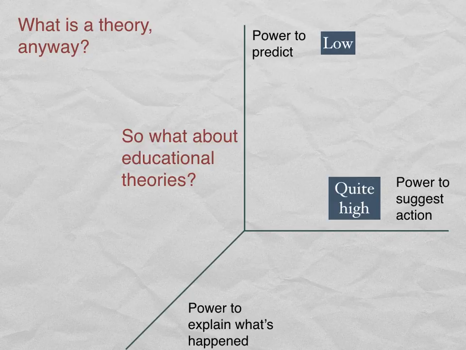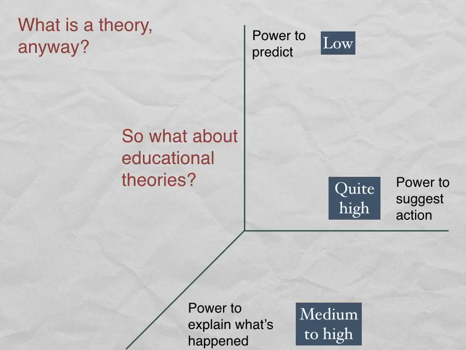I think, however, that the power to suggest to us what might be worth trying to do is quite high, and that's where we might look at John Hattie's effect sizes research. If something's got an effect size of, I don't know, 0.8, 0.9, that's got a high power to suggest to me that if I can figure out how to use that thing well for my students, it's going to be really helpful and really effective.